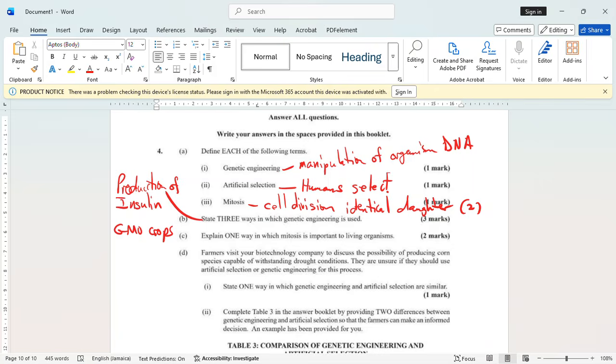Mutation is something natural. Mutation is when the gene changes naturally, while genetic engineering is more of an artificial way of including that gene, causing that gene to change.